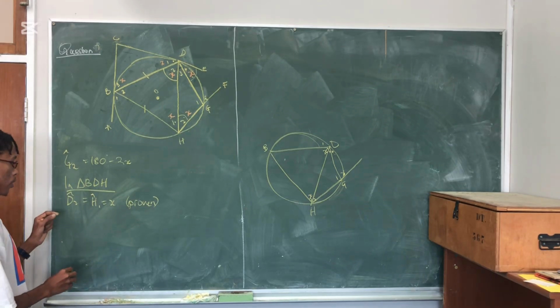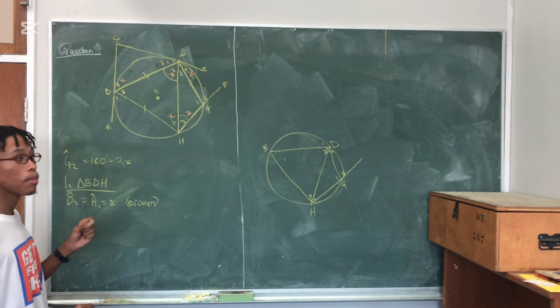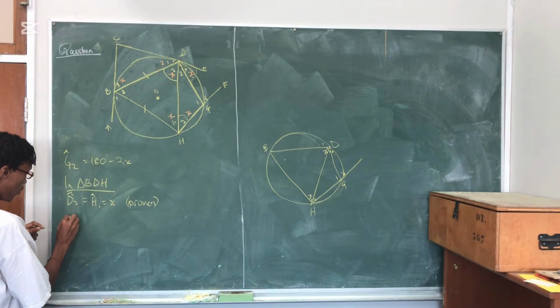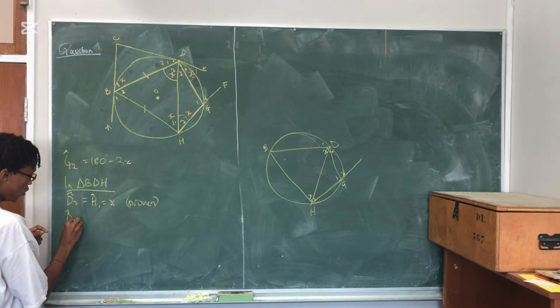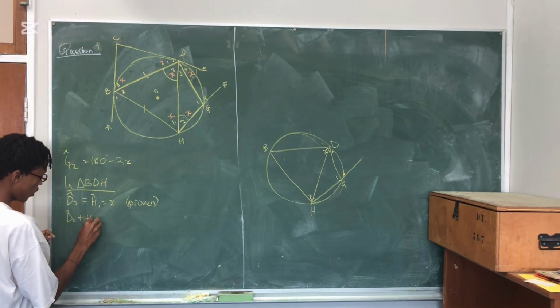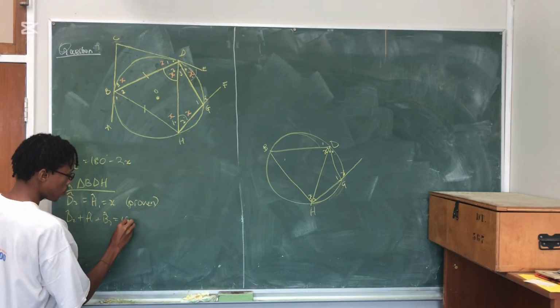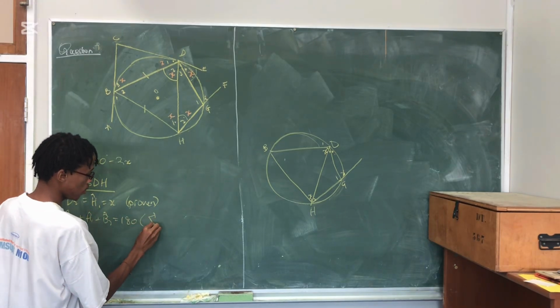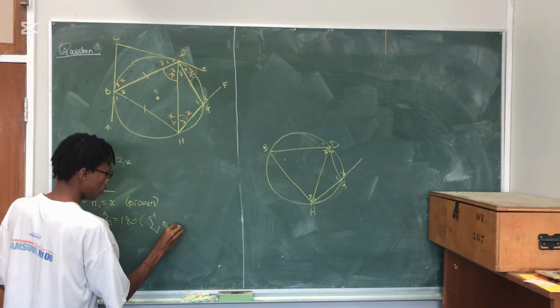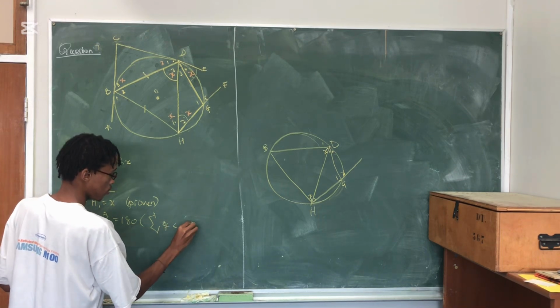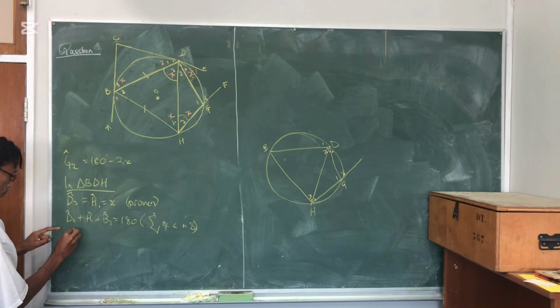So when we try to find the sum of the angles of this triangle, we're going to say D2 plus H1 plus B2 is equal to 180, sum of angles of a triangle.